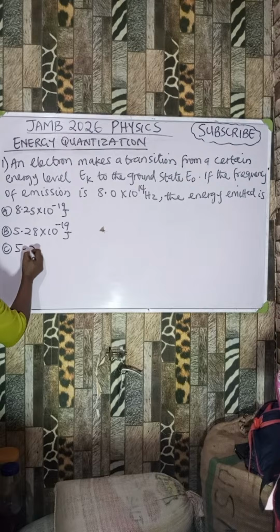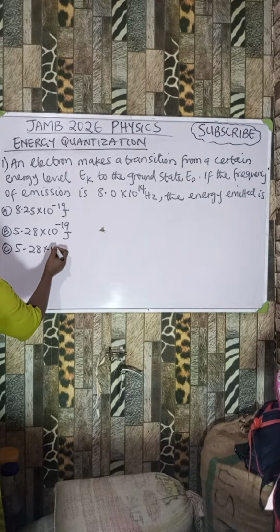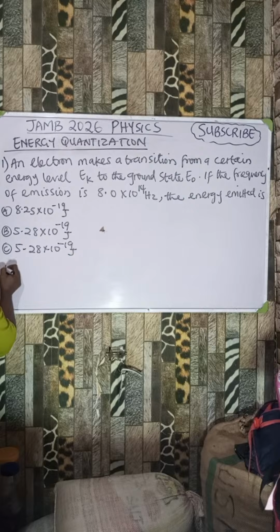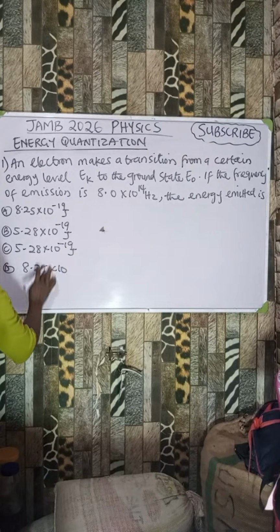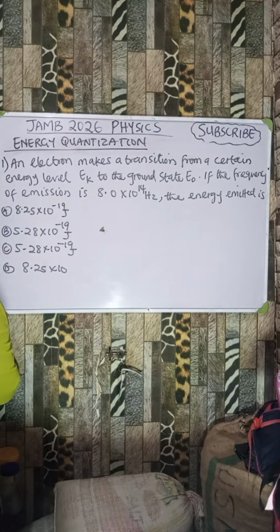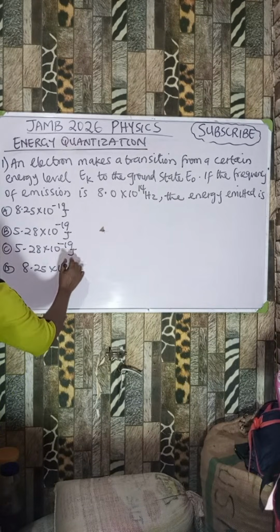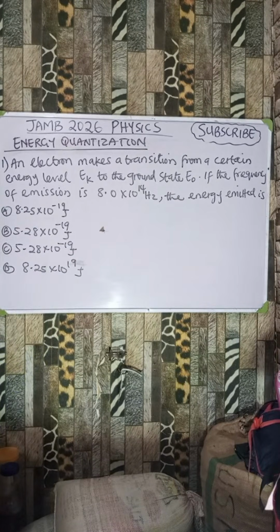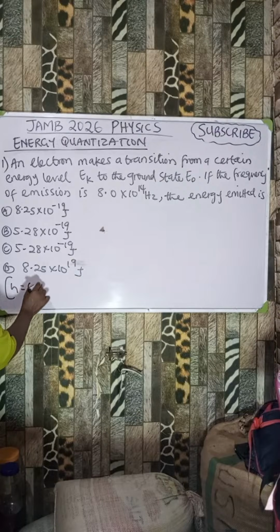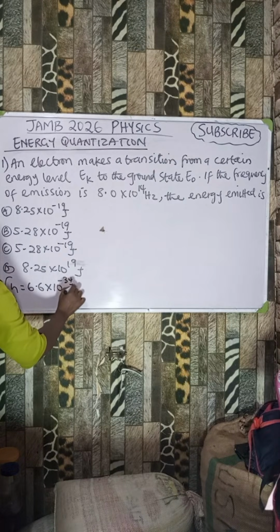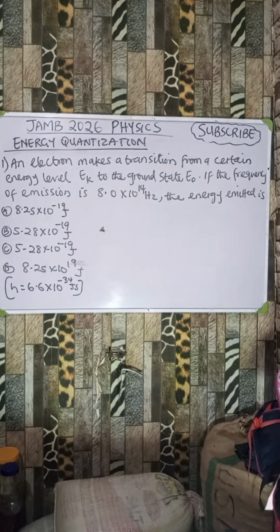We have 5.28 times 10 power minus 19 joules. We have 8.25 times 10 power minus 19 joules. So in the question, we're given Planck constant H to be 6.6 times 10 power minus 34 joules second, right?